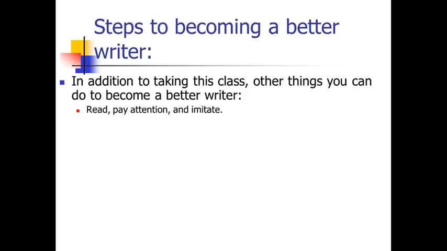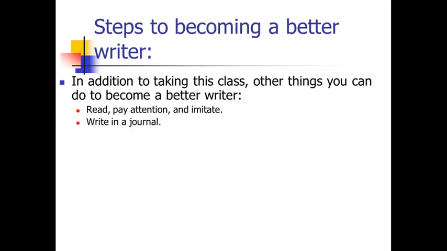So your first assignment for this course is I'm going to force you to find some time to pick up something to read that you wouldn't have had time to read otherwise. So make some time to read something, even if it's just a magazine. Read it. Pay attention to how professional writers write. Pay attention to some of the tricks they use, some of the tricks we're going to learn in this class, and imitate. So do as much reading as you can outside of the scientific literature while you're taking this course.